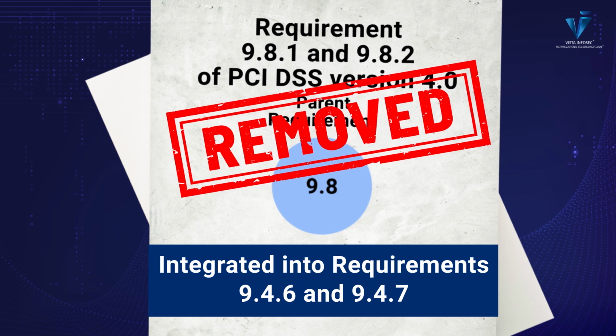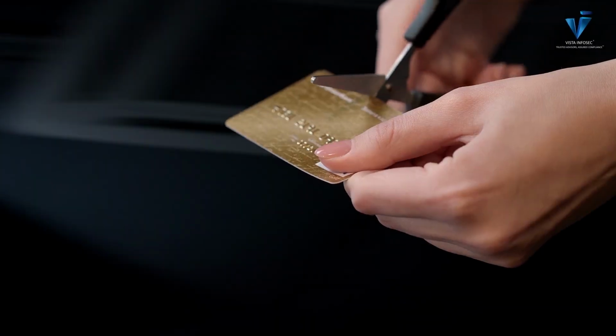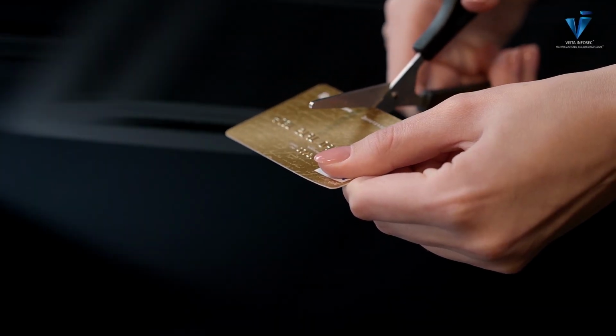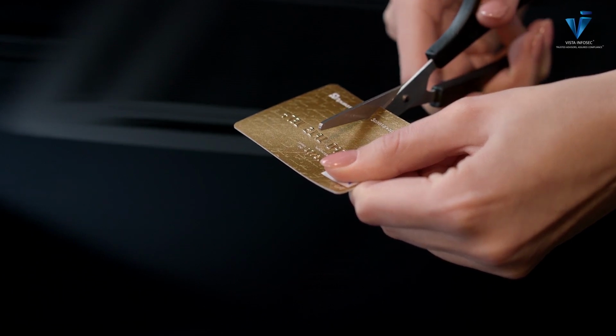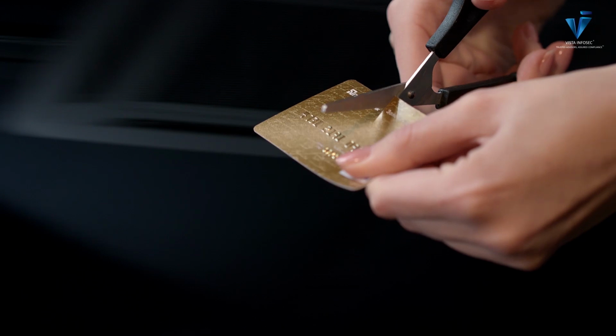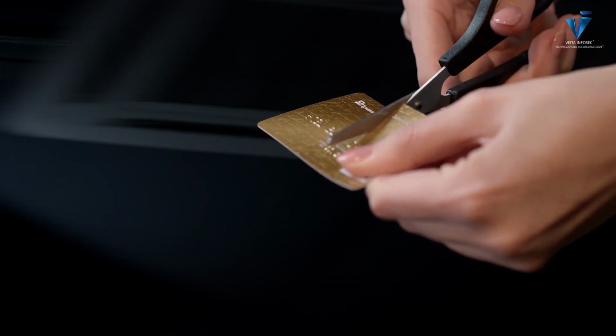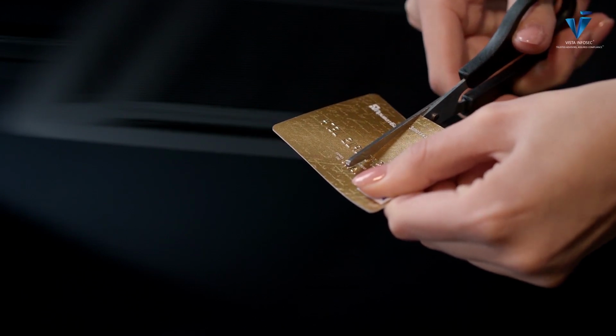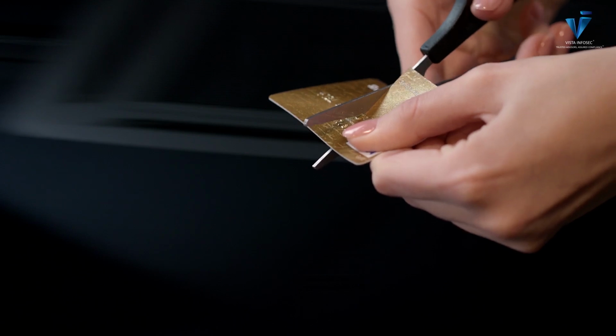Now, these new requirements clarify that when media is no longer needed, it must be either destroyed or rendered completely unrecoverable. Now, this update, which is very important, ensures that the process for securely handling and destroying media containing cardholder data is even more precise and robust, aligning with modern security practices.